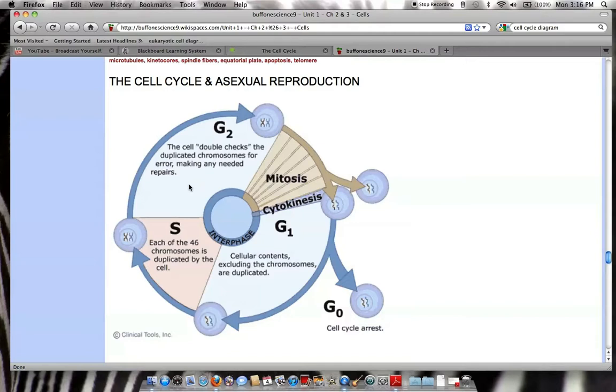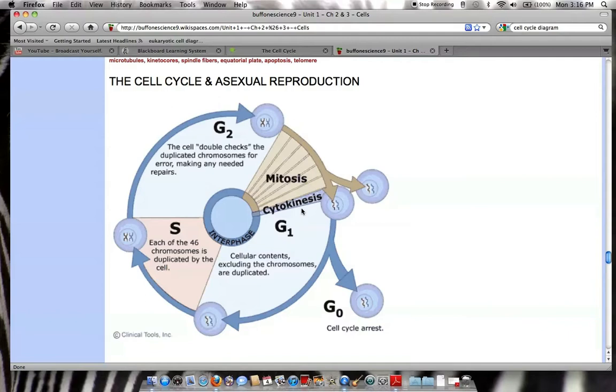So once that is complete, the cell then enters into the mitosis phase. Now the mitosis phase consists of 4 separate phases. And then finally, when those phases are complete and the mitosis phase is complete, you have a division of the cell.